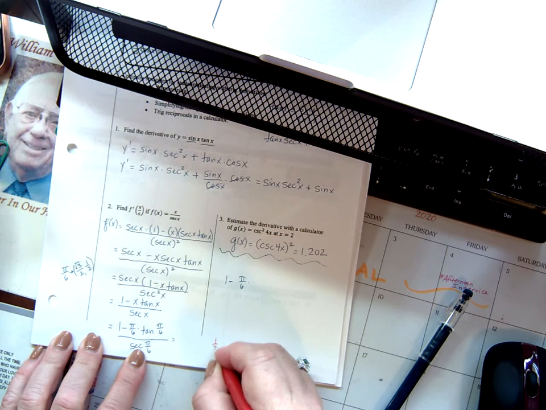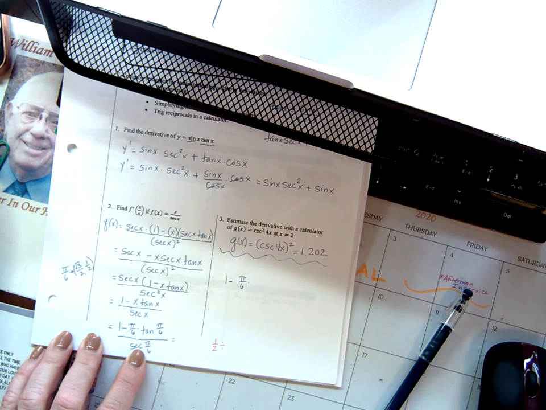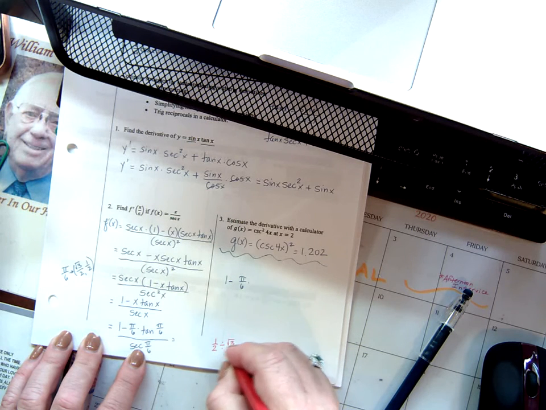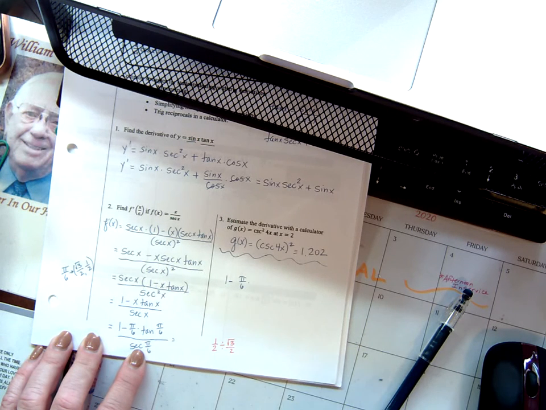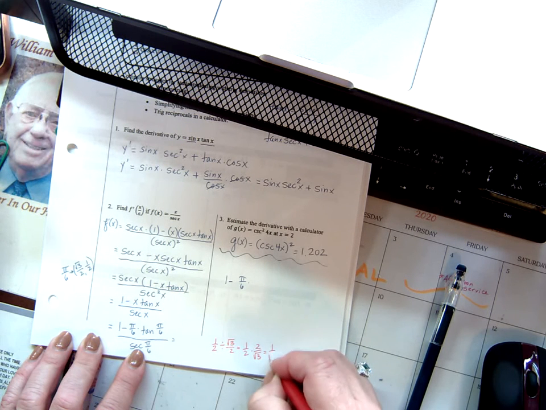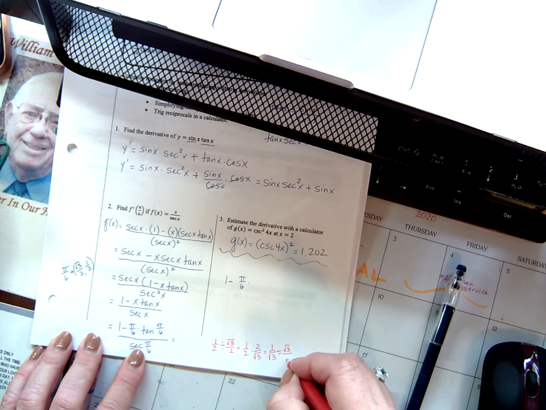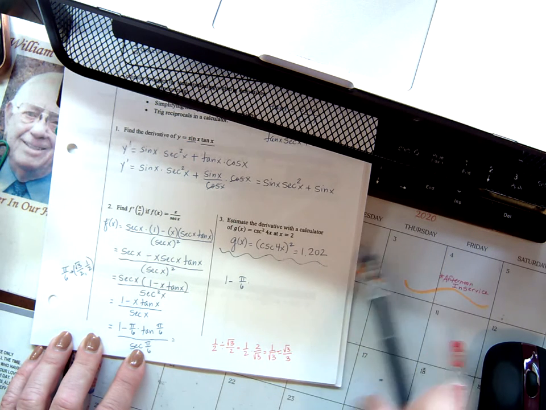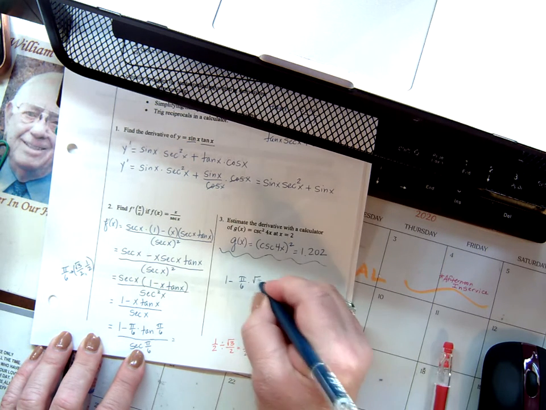My x coordinate is the square root of 3 over 2. So if I do 1/2 divided by the square root of 3 over 2, it's 1/2 times 2 over the square root of 3, gives me 1 over the square root of 3. I rationalize, gives me the square root of 3 over 3. That's what this guy is.